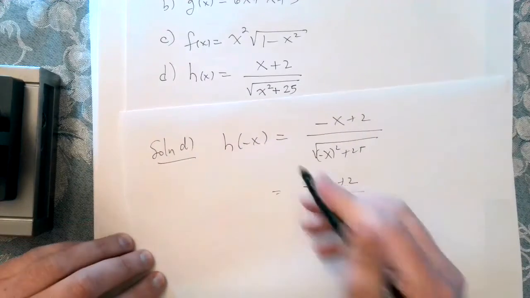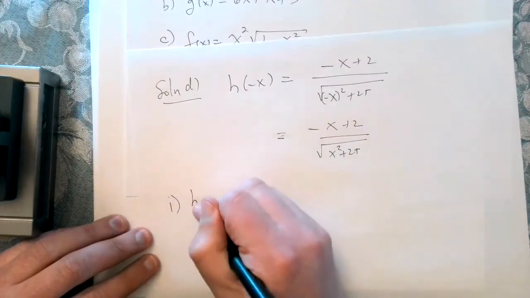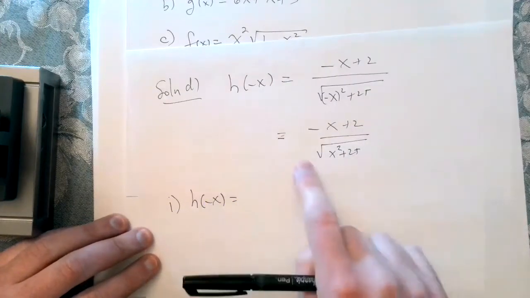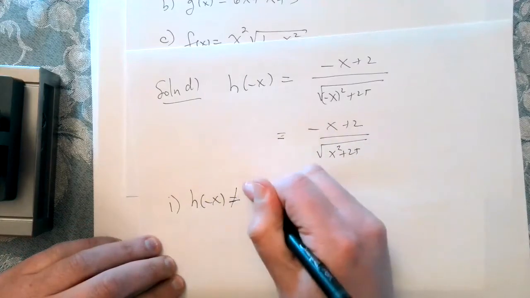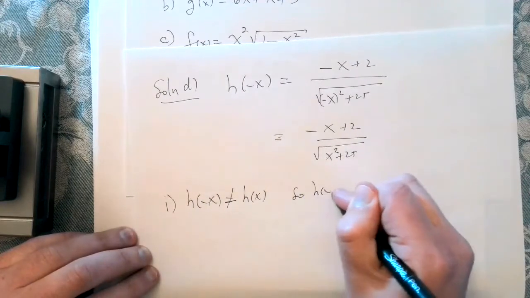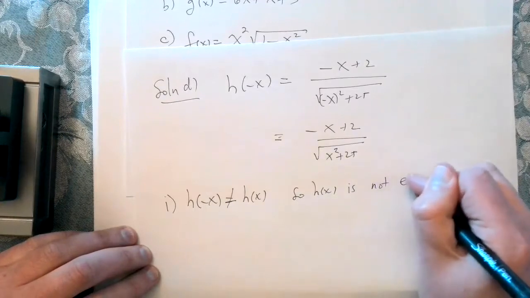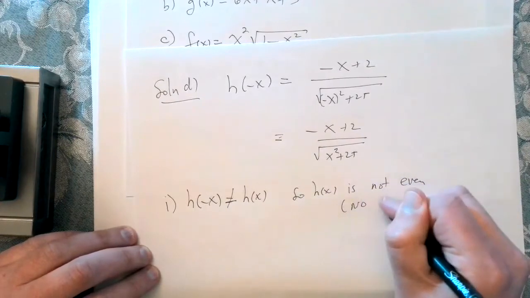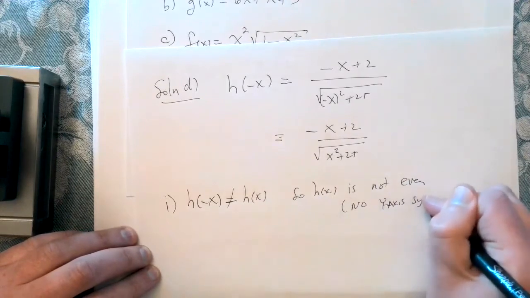Well, that's not equal to the original h of x, right? So the first thing that I note is that h of minus x, that's not the same as the original h of x. So h of x is not even. So there's no y-axis symmetry.